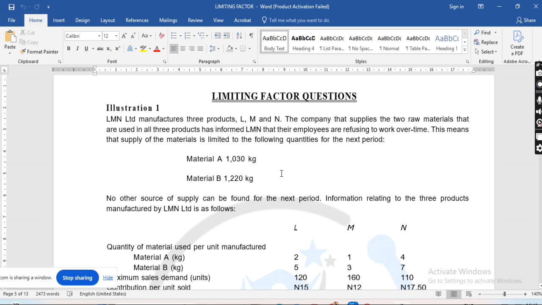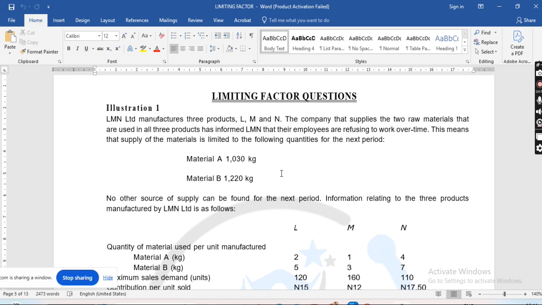there's a situation here that this company LMN's supplier has informed them that your workers are always refusing to work overtime. We will get to the part of overtime, right?